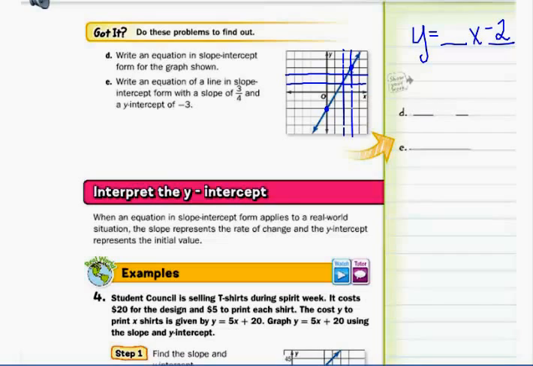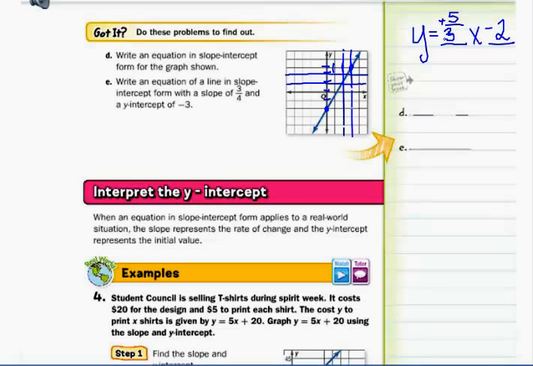To get from those two points, you know it's going to go up, so it's going to be positive. Positive 1, 2, 3, 4, 5, over 1, 2, 3. Positive 5/3 x minus 2 is the equation of that line.